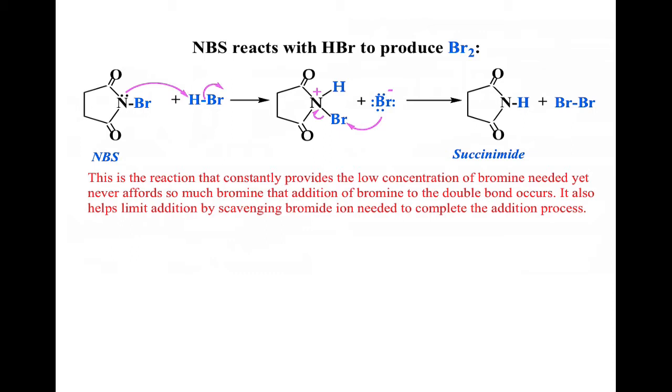And so what happens is the NBS gets protonated to give me this nitrogen that's positively charged, which makes this bromine nucleophilic or electrophilic? Electrophilic. And so now bromide comes in and reacts with the electrophilic bromine, giving me succinimide and Br2.